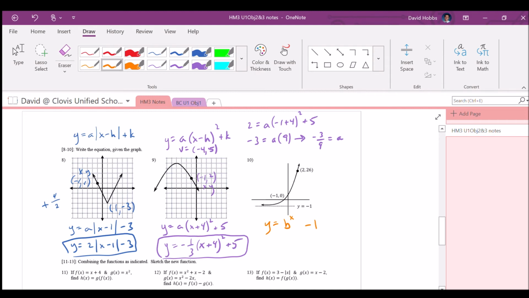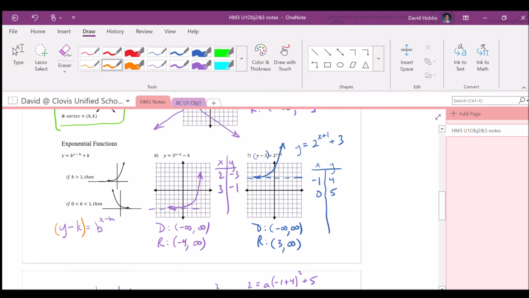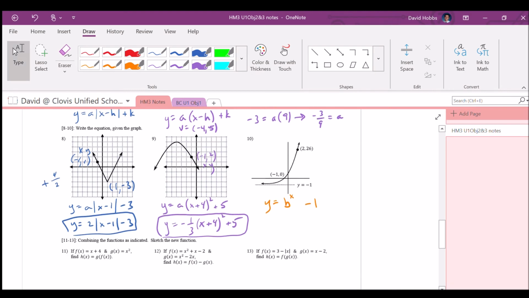Now, if it hasn't shifted, the exponential function will always go through 0, 1. Okay, and the 0, 1 is always exactly 1 above the horizontal asymptote.